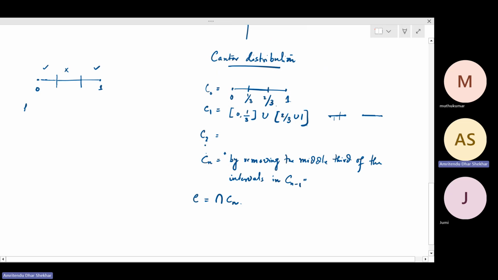You define these Bn, which take values 0 or 1, as IID Bernoulli random variables, and you define X to be equal to the sum over n equals 1 to infinity of 2/3 of Bn.